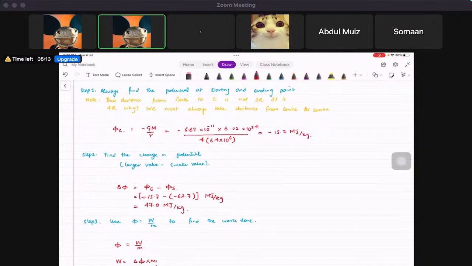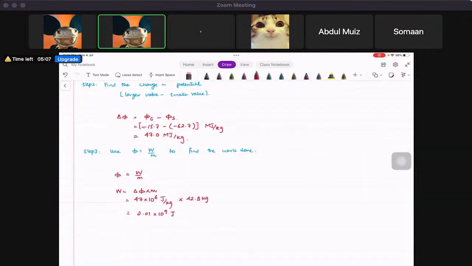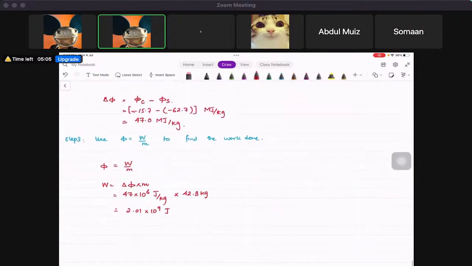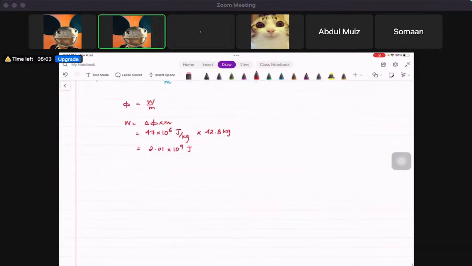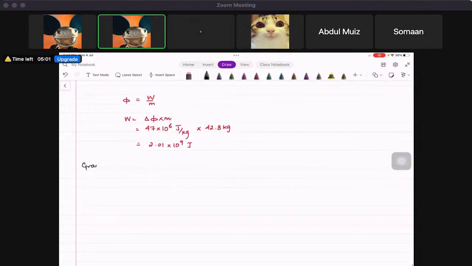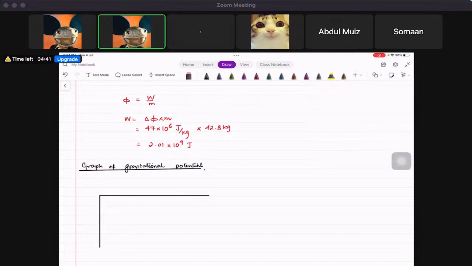Now if he says, draw a graph of this, we can actually do it pretty easily. That's not very hard. Graph of gravitational potential. One thing we should always understand is that the gravitational potential will always be negative, so the graph will be like this, inverted.